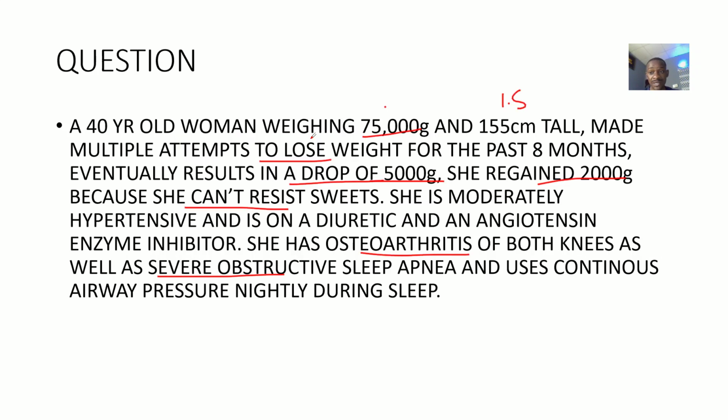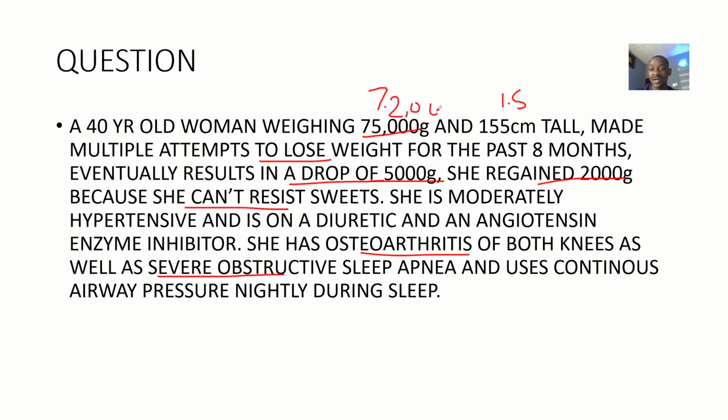So calculating this BMI, first of all, she gained 2,000 and she lost 5,000, so that was actually 3,000. She lost 3,000 total, so her weight is actually 72,000.